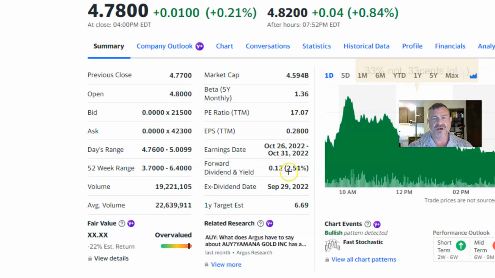Yamana is looking at 2.51% dividend yield. So how would we know if this is good or bad? We would need to go through more mining stocks and get a wider sample to be able to tell if this is an outlier, if that's particularly high, or if the other one's particularly low, or if they're in the average normal range.